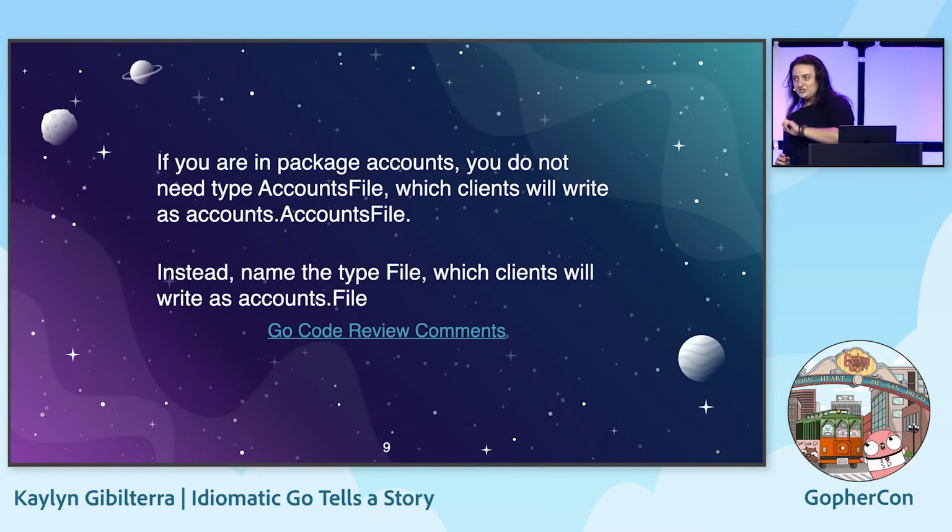As we transition and start thinking about the actual semantics that we are using, I've got another quote from this great resource around how you name both your package as well as your types. It's common, and this example might make it seem a little bit obvious, that we don't want to have a type accounts file in the package accounts because then it would be redundant. But this happens more often than you might think.